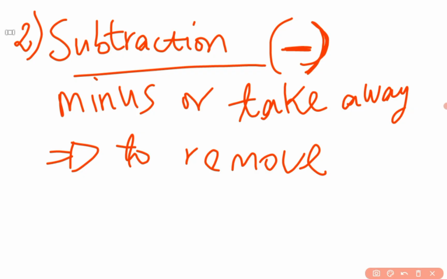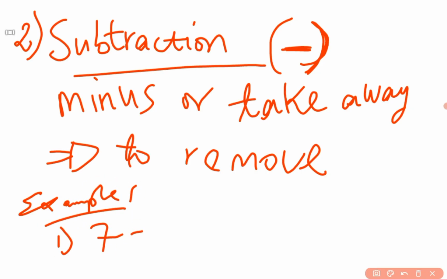So now let's take some examples on that. Example 1: we have a number like 7 take away 3 equals. What are we going to do?